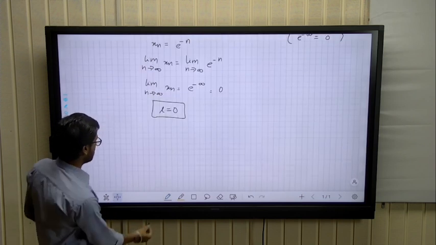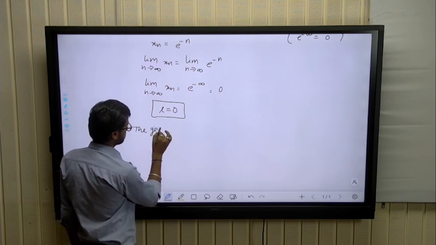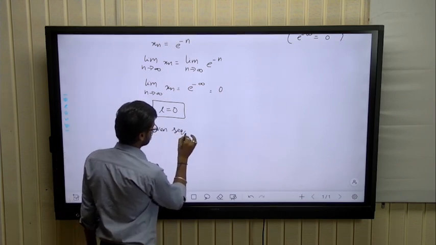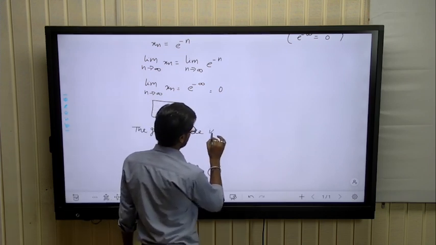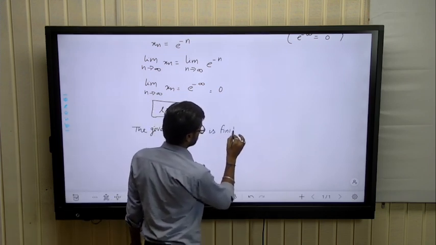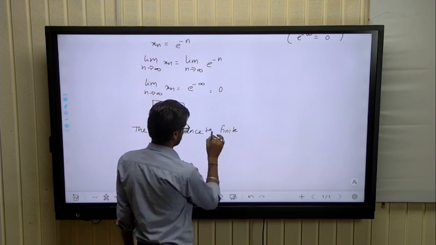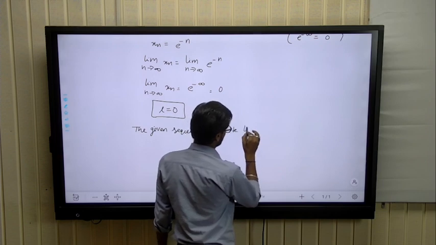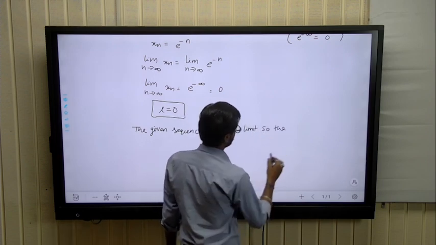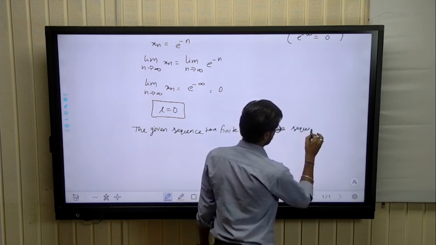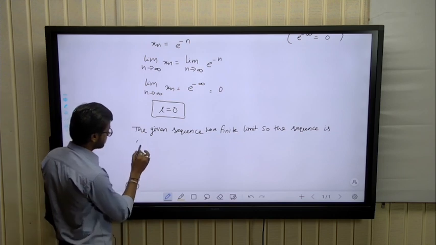So we write here: the given sequence has a finite limit, so the sequence is a convergent sequence.